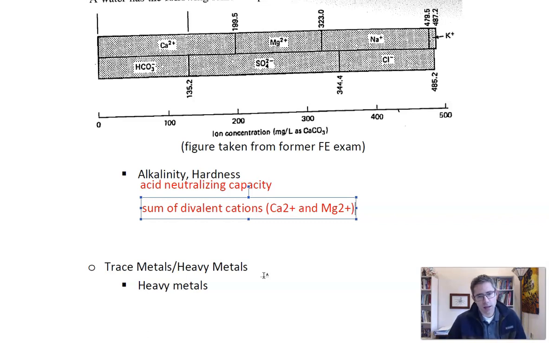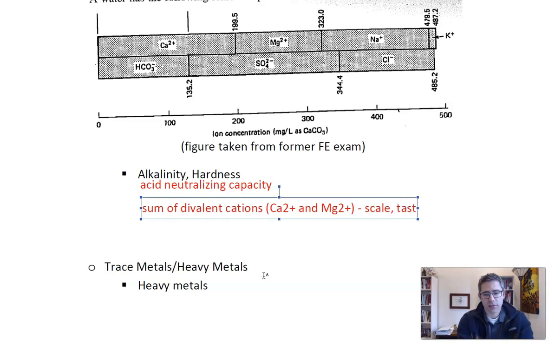And hardness is a problem for a bunch of reasons. One is scale. So the more calcium and magnesium you have, the more likely you're going to form either hydroxides or carbonates. Calcium carbonate, calcium hydroxide, magnesium carbonate, magnesium hydroxide. All of those can scale up pipes and other fixtures and keep flow from going through them.